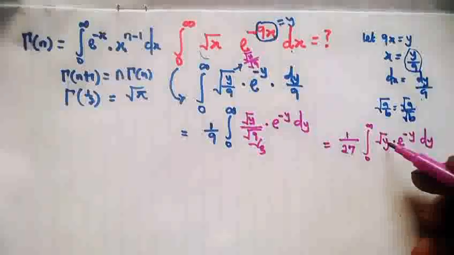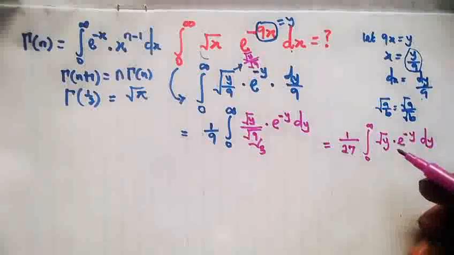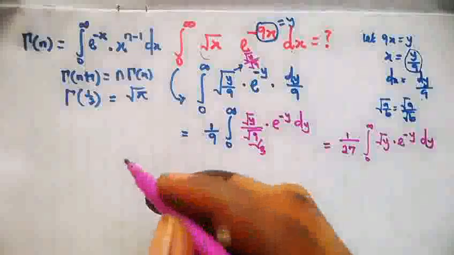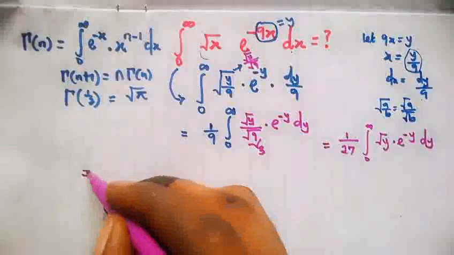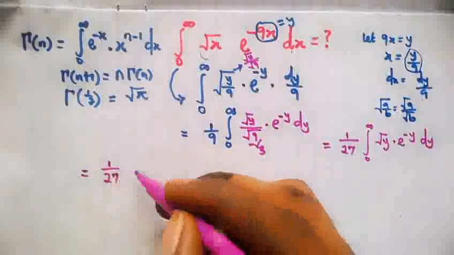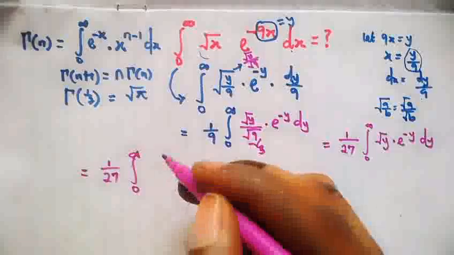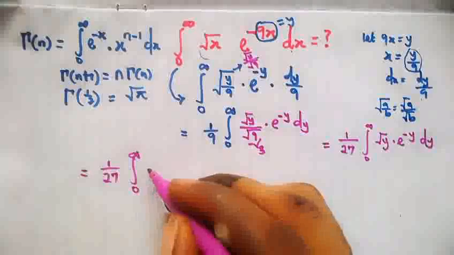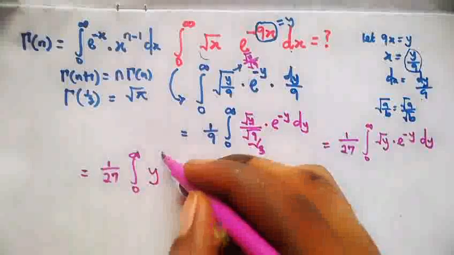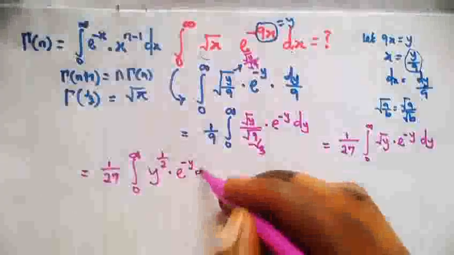Now this square root of y we can rewrite as y raised to power 1 over 2. So this is becoming 1 over 27 times the integral as y goes from 0 to infinity of y raised to power 1 over 2 times e raised to power negative y dy.